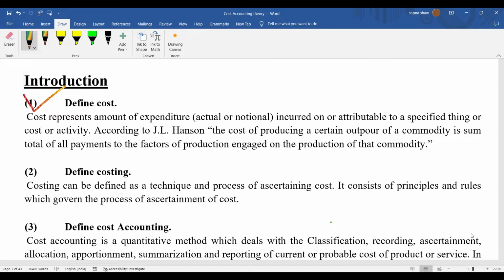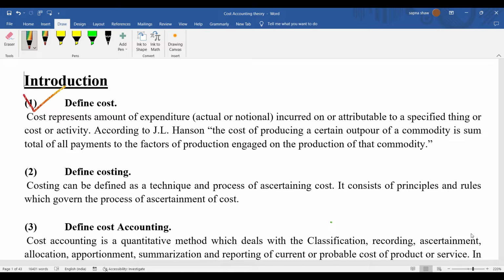To produce something, we need different types of resources. If we take the example of cookies, to make cookies we need oil, flour, dry fruits, and sugar. These are some raw materials we want. Not only that, we also need some labor who know the art of cooking, who know how to bake the cookies.